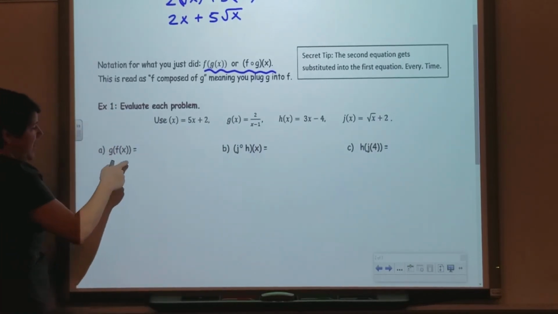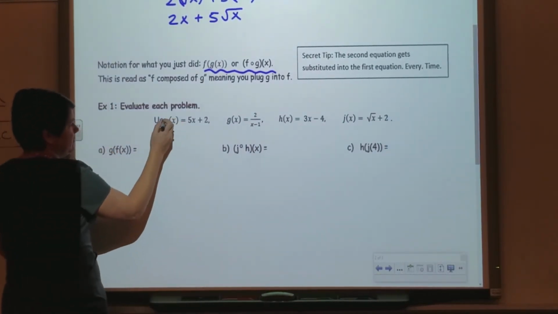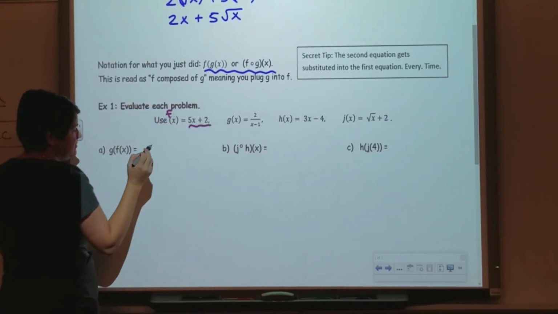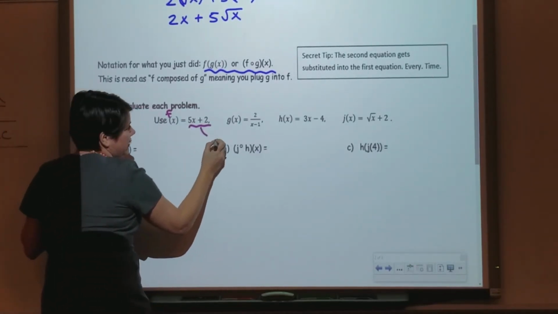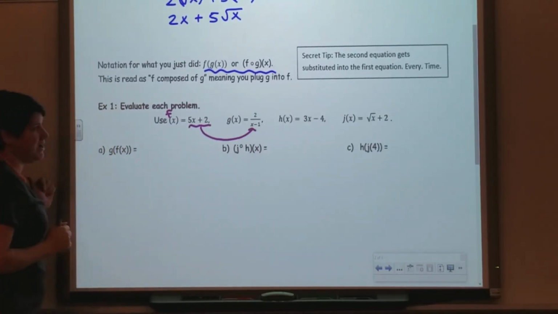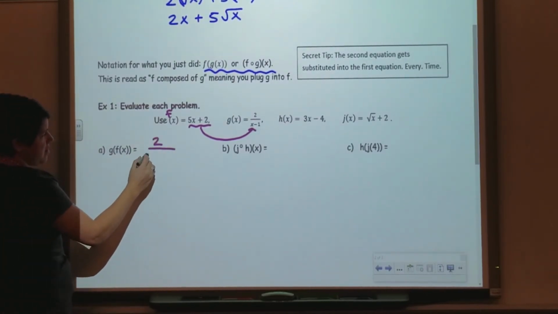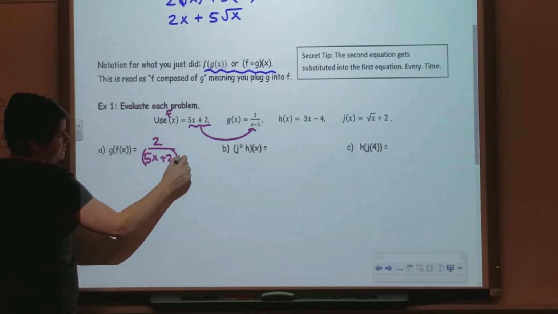So for letter A, if we have g of f of x, that means you're taking the function f of x, and add a little f here. So we're taking this entire function, you're plugging it in for g of x. So you're going to plug it in for this x here, okay? So we end up with 2 over 5x plus 2 minus 1.